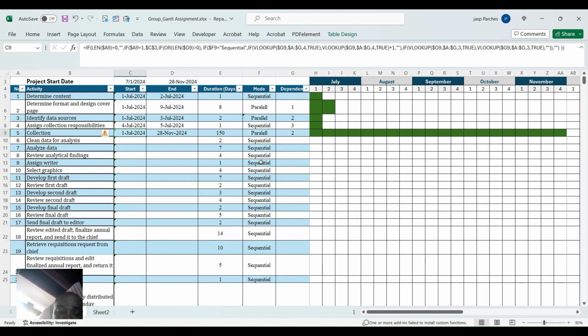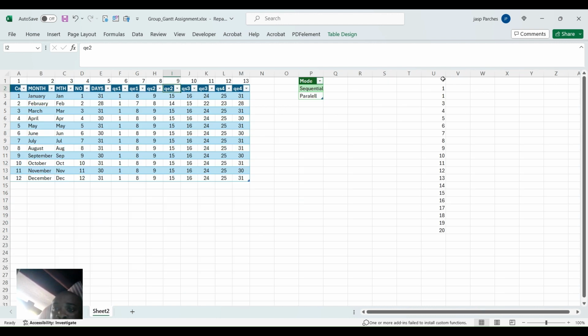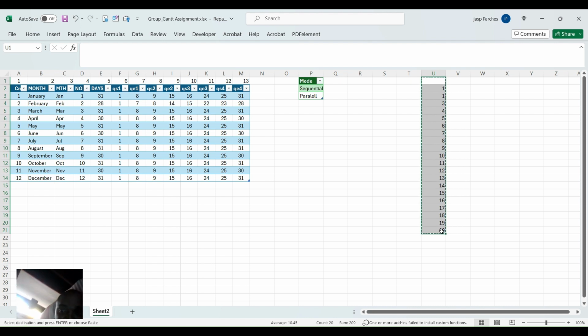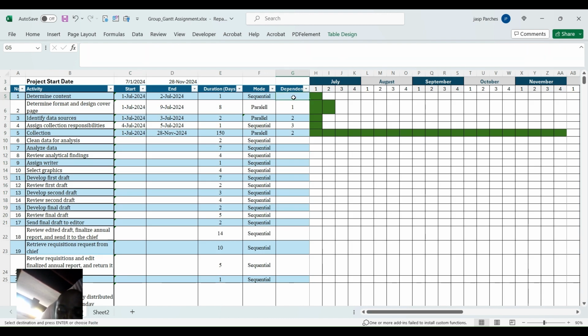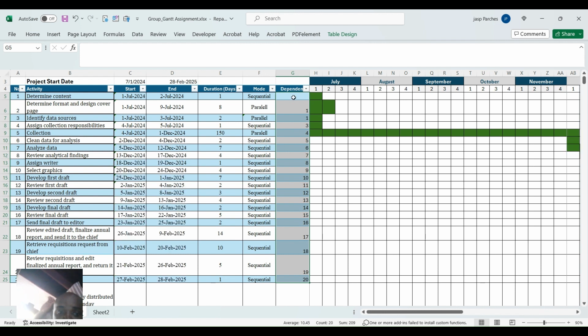So let's put in the activities as we would want them to be. Let me copy it and paste some existing data. So this is how I would want the activities to fall. Now, if you notice, the chart dynamically fills out itself.